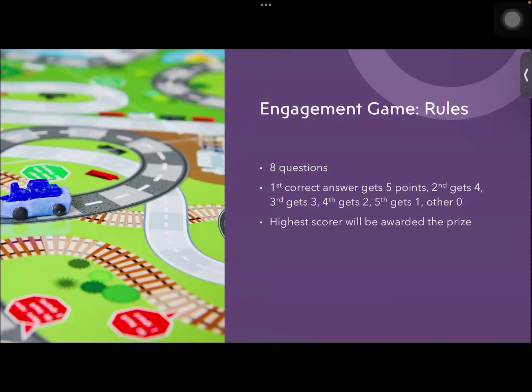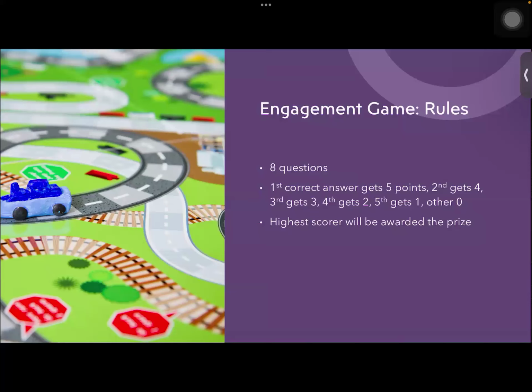Okay, let me reintroduce the rules of this game. Today, I prepared 8 questions, and in total, you may get a maximum of 40 points. Each answer will be recorded based on the speed of answer and the correctness.